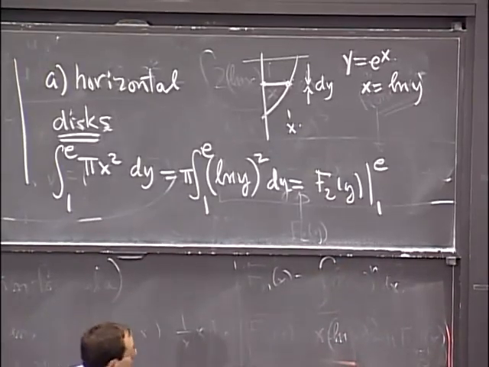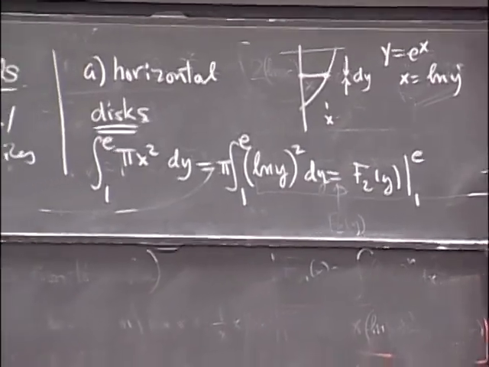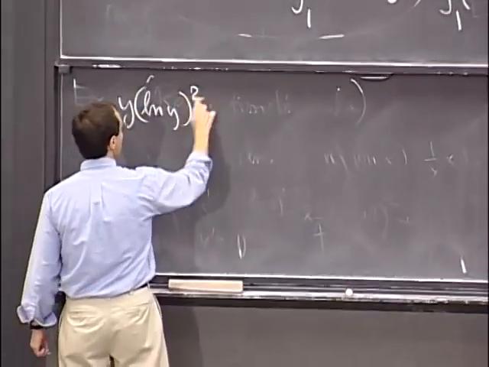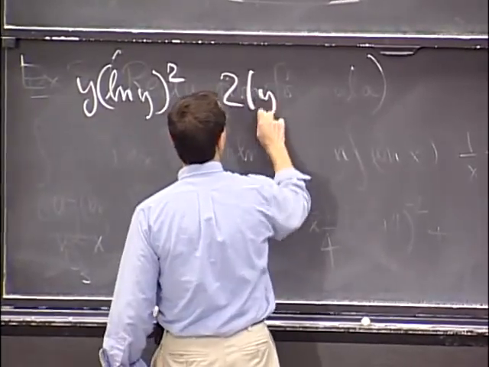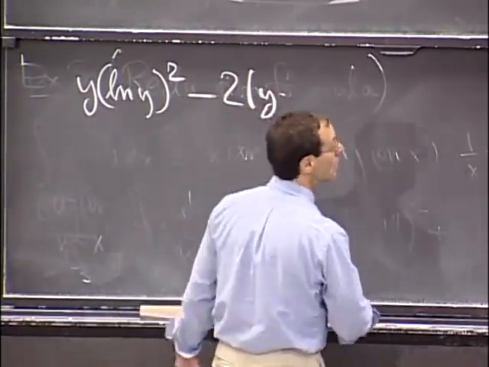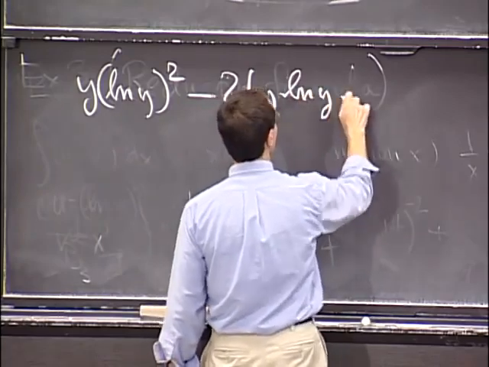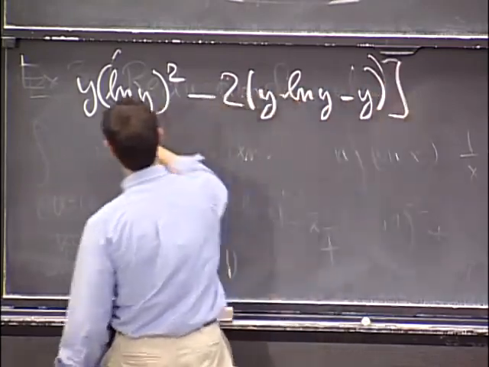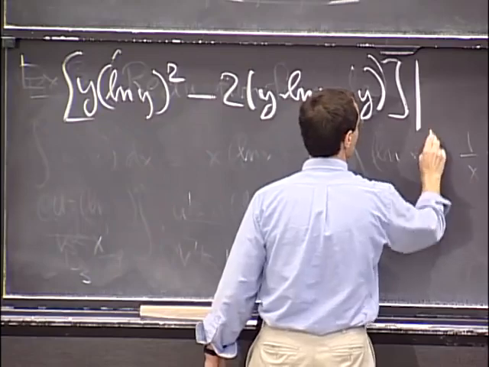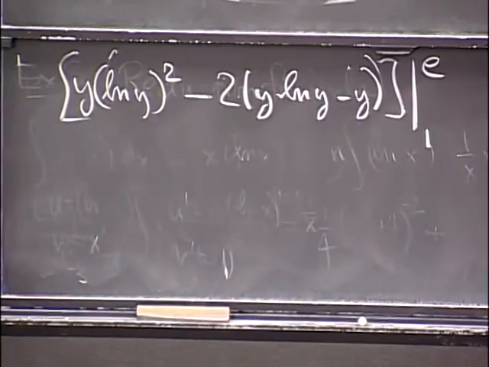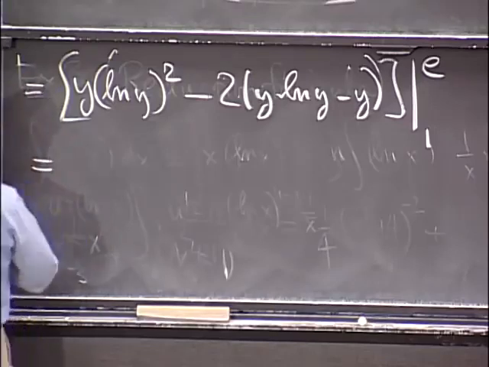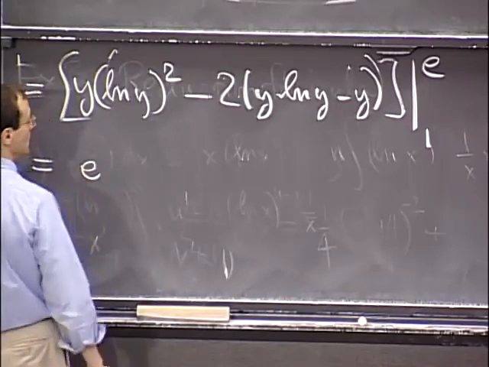It's written over there. It's y log y squared minus 2y log y minus y, the whole thing evaluated at 1 and e. If I plug in e here, I get e, right?